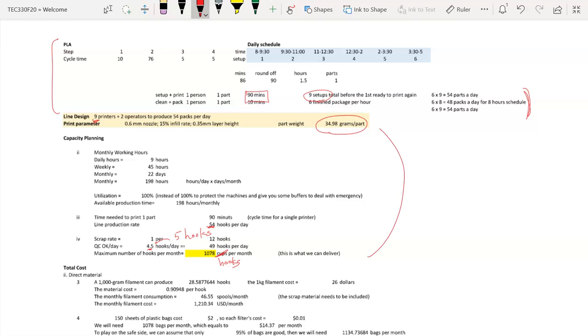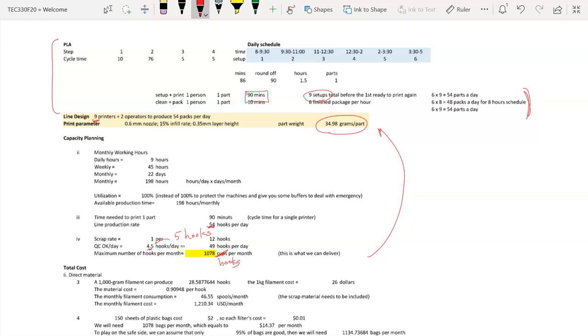With this setup. If you change your line design, then that will be different, for example, if you are printing 3 parts in a single setup. Now, the filaments come in spools.